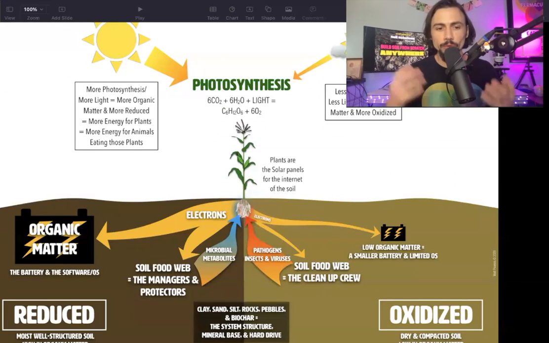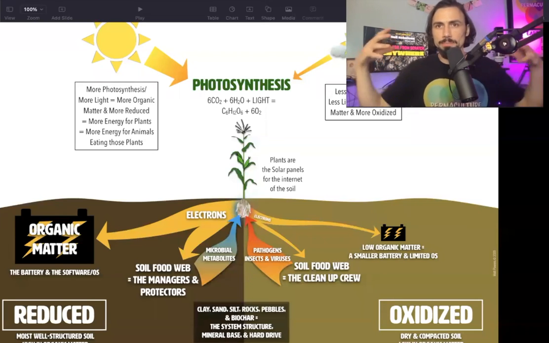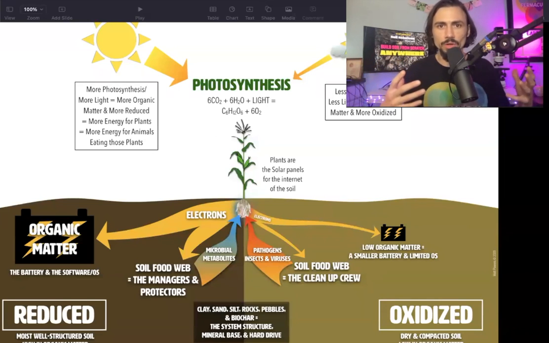And so photosynthesis, again, we looked at this picture last time. That's where all that energy from photosynthesis is being stored. So it's the battery, and it also flexes. You can continuously have more organic matter, and it buffers itself towards pH 6.5 to 7.